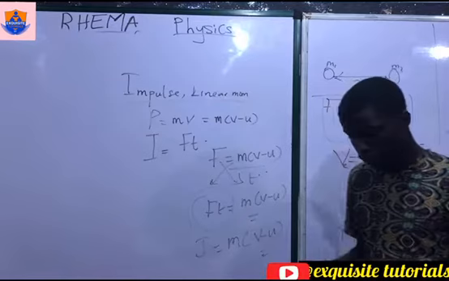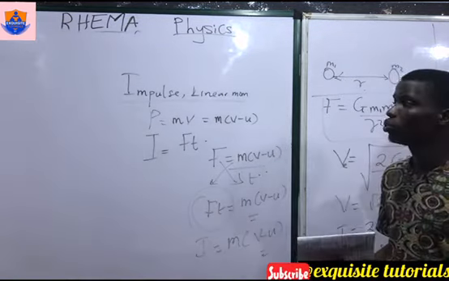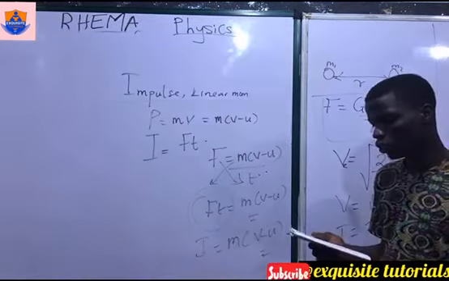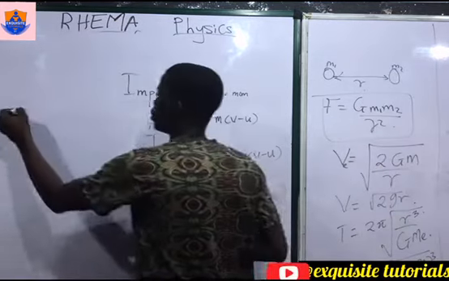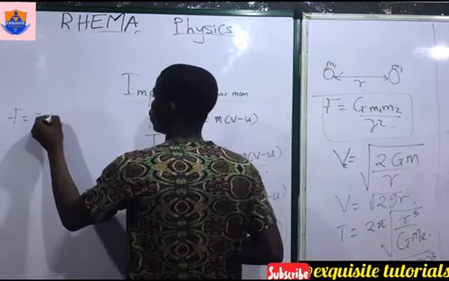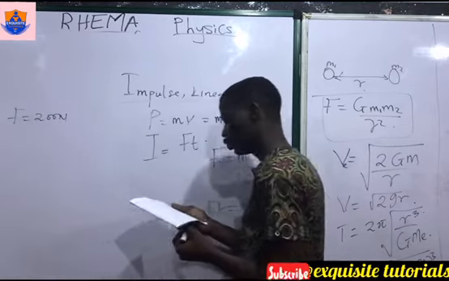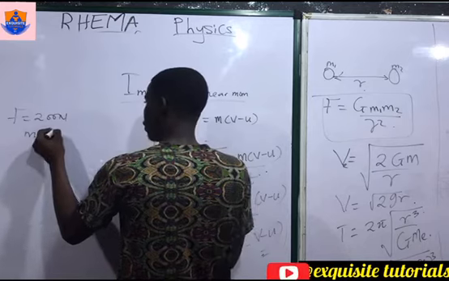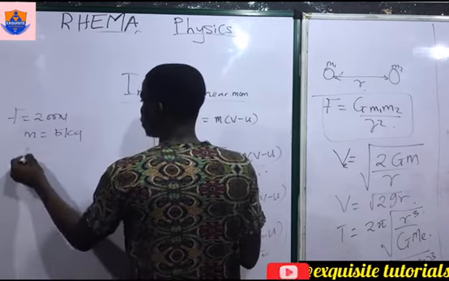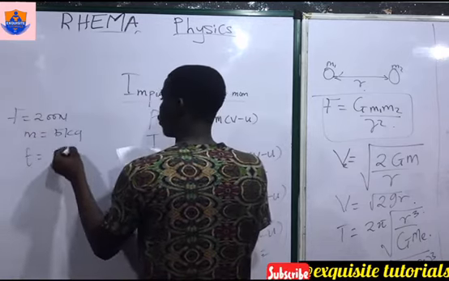So I have some questions on this one, so let's quickly look into it. The first question says a resultant force of 200 Newton acts on a body. The mass of the body is 5 kg. The time for which it acts on that body is 0.5 seconds.